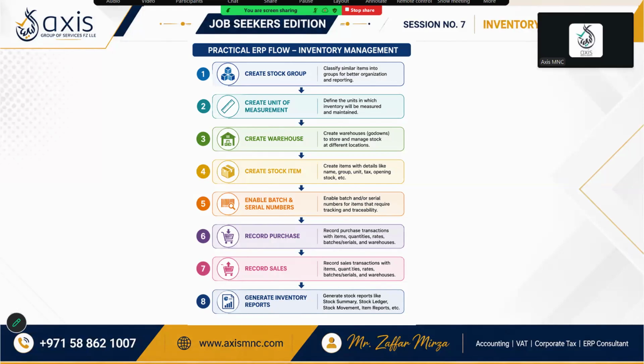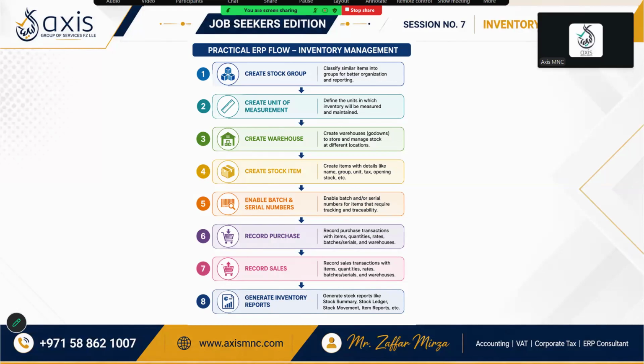You cannot create a stock item immediately. When you are creating the stock item, it will ask for all these options: group, warehouse, and unit. Then enable the batch. Once you create the stock item, you need to enable the batch number and serial number. This option you need to enable.